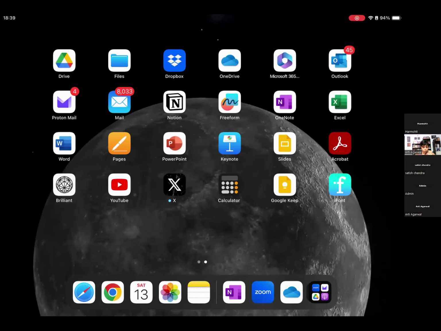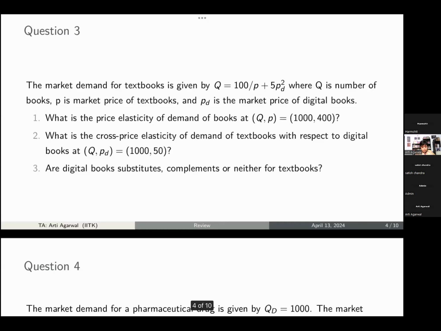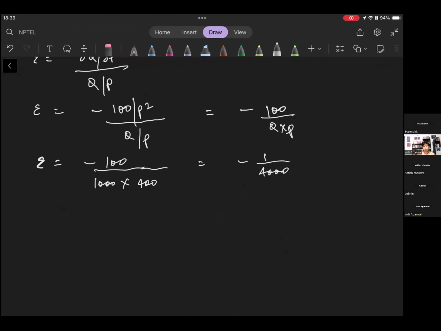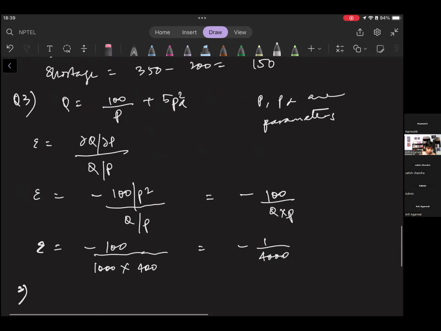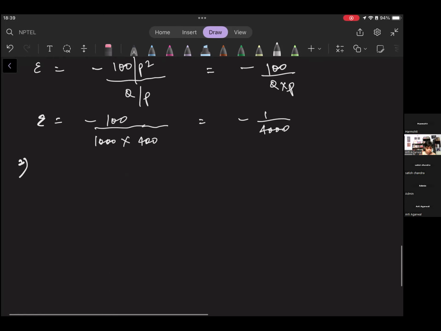Now let's go back to the question and see what the second question is. The second question is asking: what is the cross price elasticity of demand of textbooks with respect to the digital books? So cross price elasticity tells you how the demand for that good changes with the change in price of some other good. Now in this case, we are given the function as, let me rewrite the function.